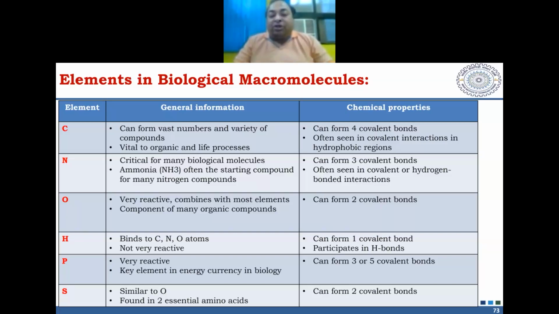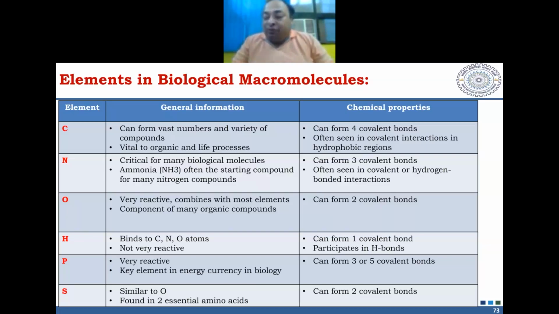It is often seen in covalent interaction in hydrophobic regions. Nitrogen is critical for many biological molecules. Ammonia is often the starting compound for many nitrogen compounds. It can form three covalent bonds, often seen in covalent or hydrogen bonded interaction.